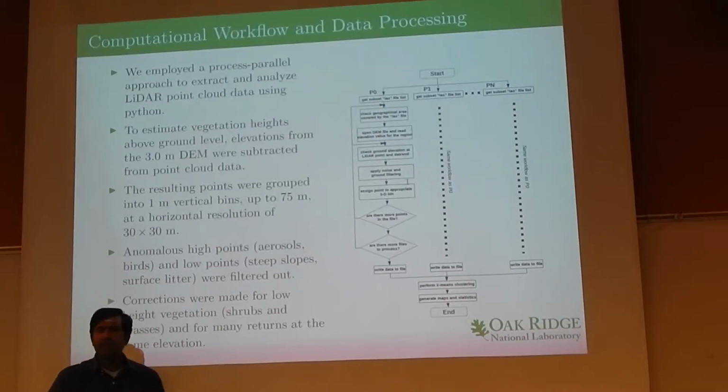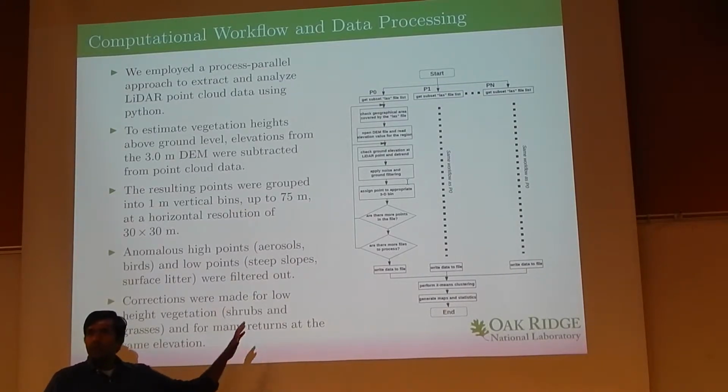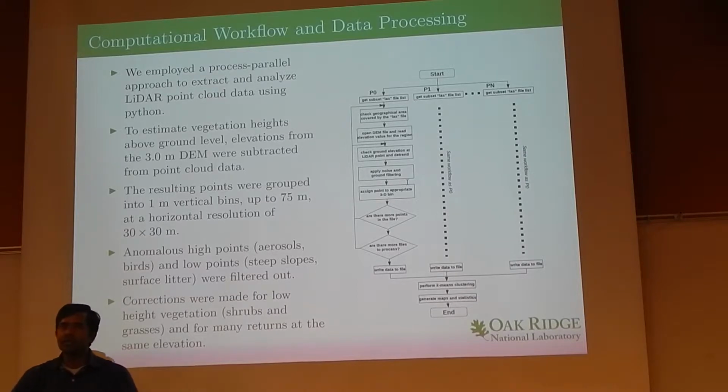So just to quickly run through what we've been doing, I only have a couple of bullets to go through our method. We did this in a very parallel fashion. All the LAS files come in small chunks, so the idea was that if it were a single large file, it would be a complicated problem.